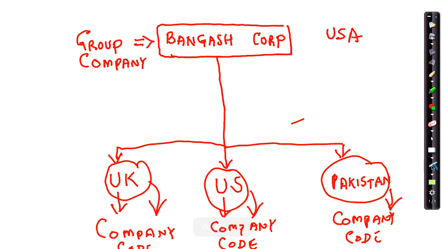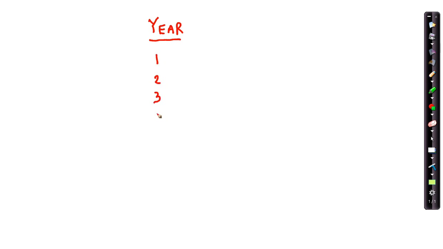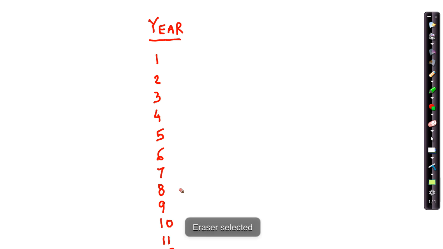Let's say one year is how many months? 12. One, 2, 3, 4, 5, 6, 7, 8, 9, 10, 11, and 12. This is a standard practice, right? Now, let's say you have decided that your fiscal year will be a non-calendar year. Your year will start, let's say, from May.